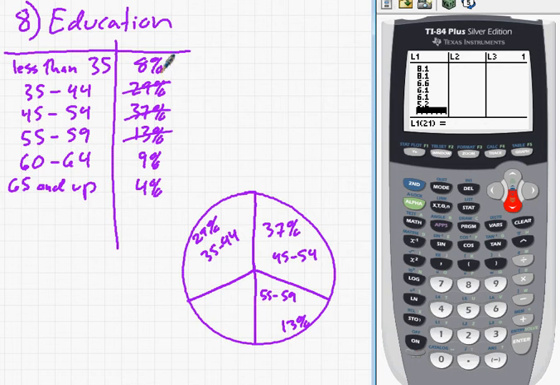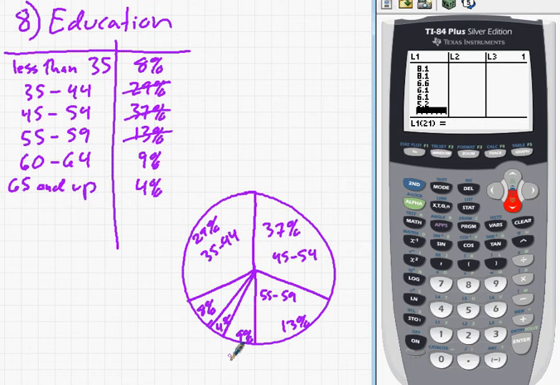And then we have, working back this direction, an 8%. Coming around this direction, we have a 9% and a 4%. Well, 8 and 9 are about the same, 4 is about half. So maybe I would divide it kind of like that. That looks decent. Maybe go a little bit more. That looks pretty good. Here's our 8%. Here's our 4% and our 9%.